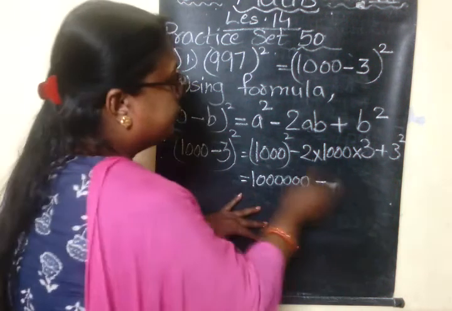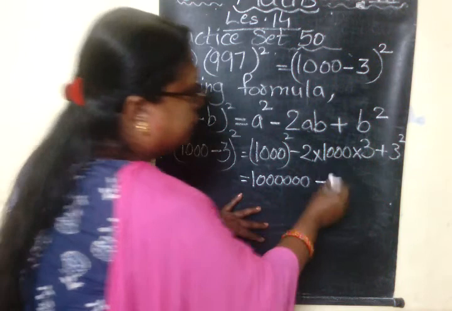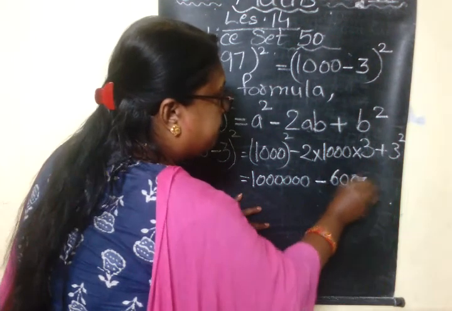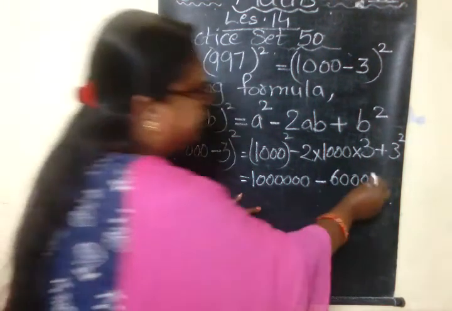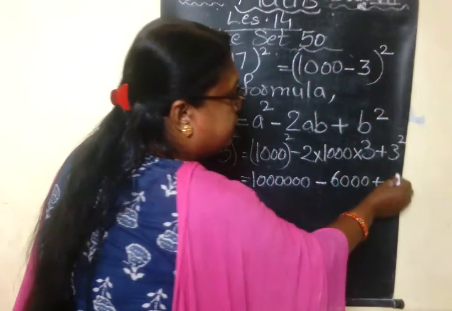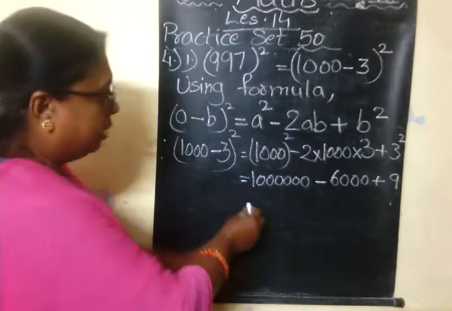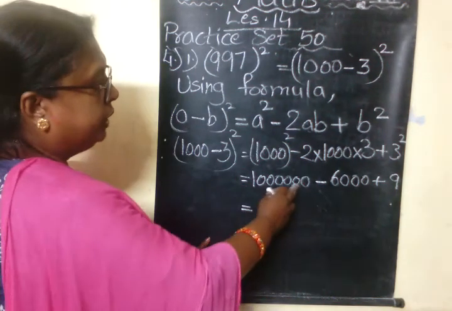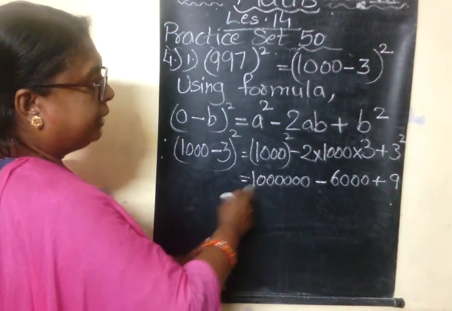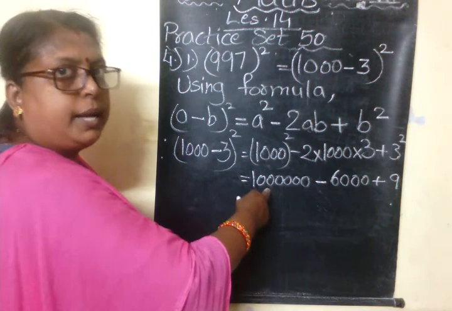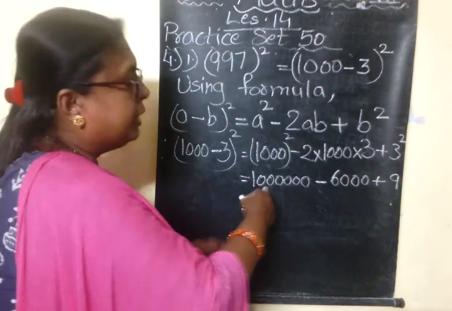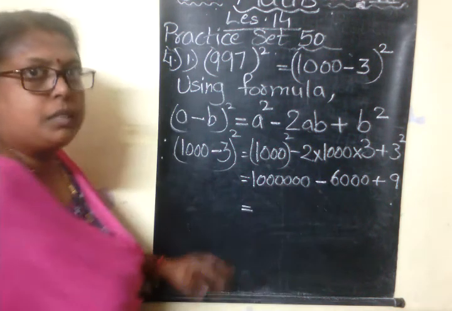Then minus 2 3s are 6 and 1000, that is 6000, and then plus 3 square is 9. Now this is how much, children? Tens, 100, 1000, 10,000, lakh, 10 lakh. So this is 10 lakhs. From this 10 lakhs you have to subtract 6000.